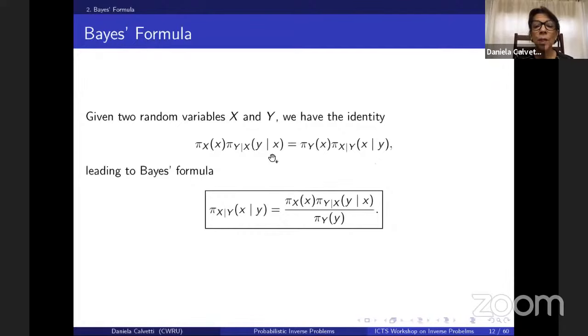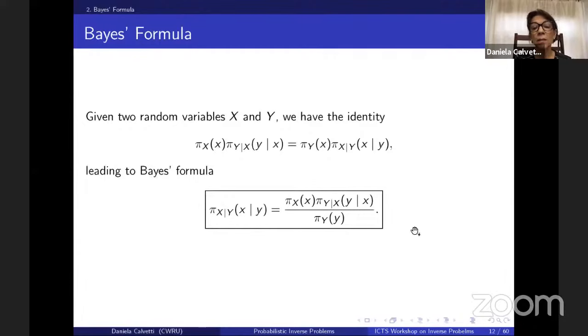It looks like we're doing some magic of flipping back and forth between conditioning on x or conditioning on y. Depending on what we know and what we want to find out, we can use this to come up with the probability density of x given y, in terms of the probability density of x, the probability density of y, and the conditional density of y given x.